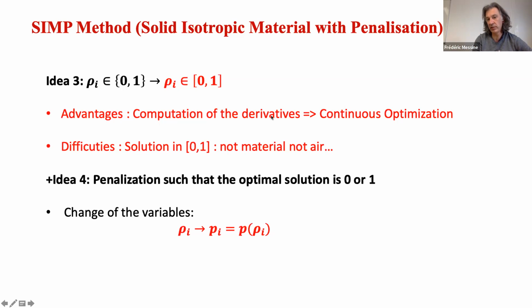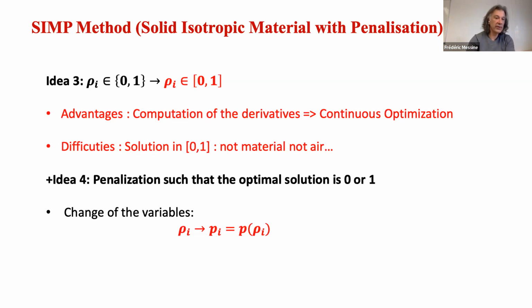We can compute the derivative, and from a point, we can see in which direction there is a better point using continuous optimization. You can compute an optimal step to decrease the value of the function and find, of course, a local solution.